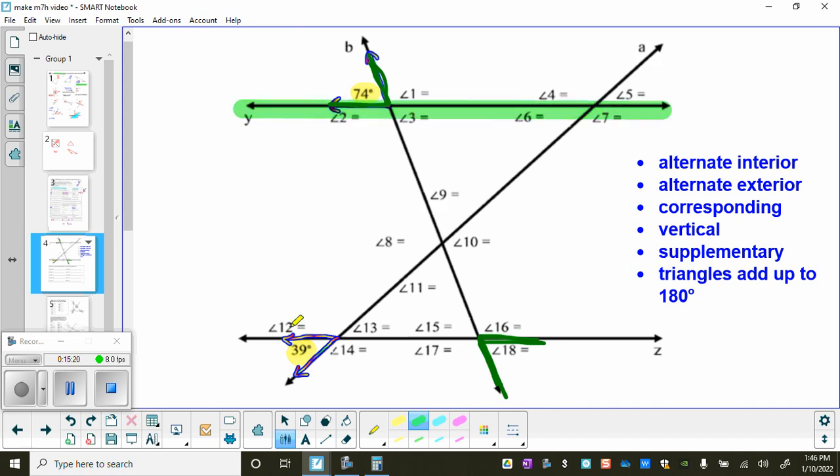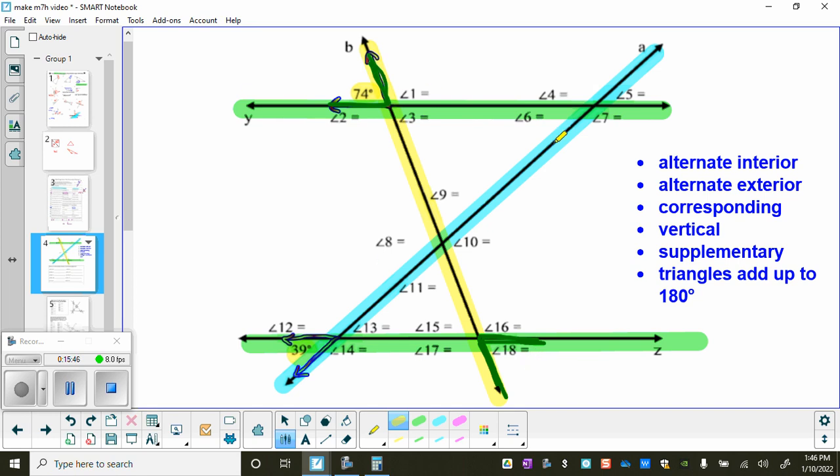You've got a parallel line here and here. You've got a transversal that cuts across like that. And again, there's my alternate. Let me highlight this one. There's another transversal. So here are alternate exterior angles, 74 and 18. So if this is 74, you know this has to be 74 because of alternate exterior. That's one way to prove it.